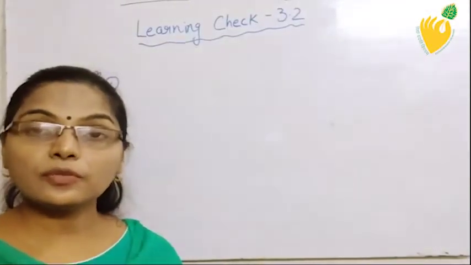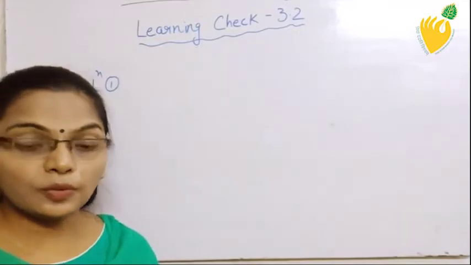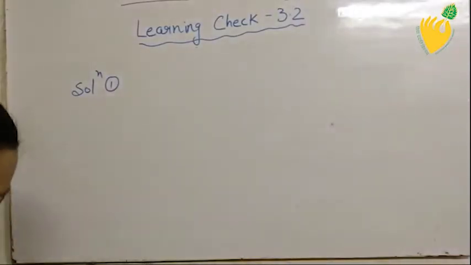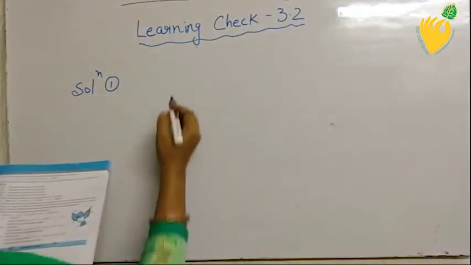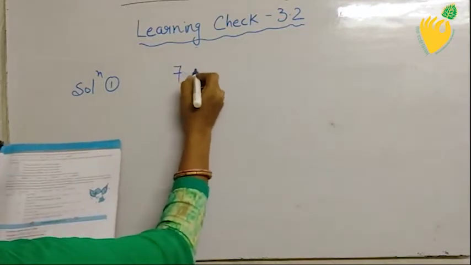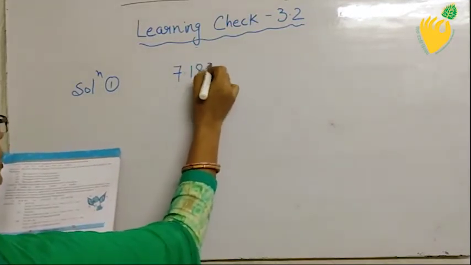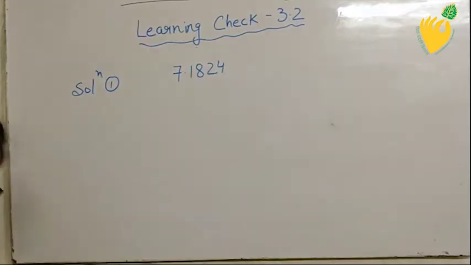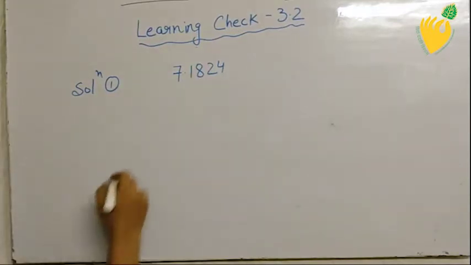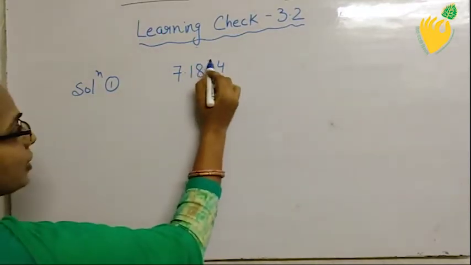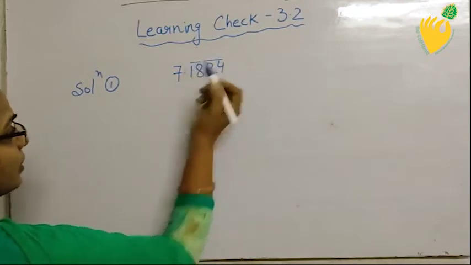Now students, let's see the first question from learning check 3.2. The first question in the book is, students, find the square root of 7.1824. Okay, you have to find the square root of this number, students.